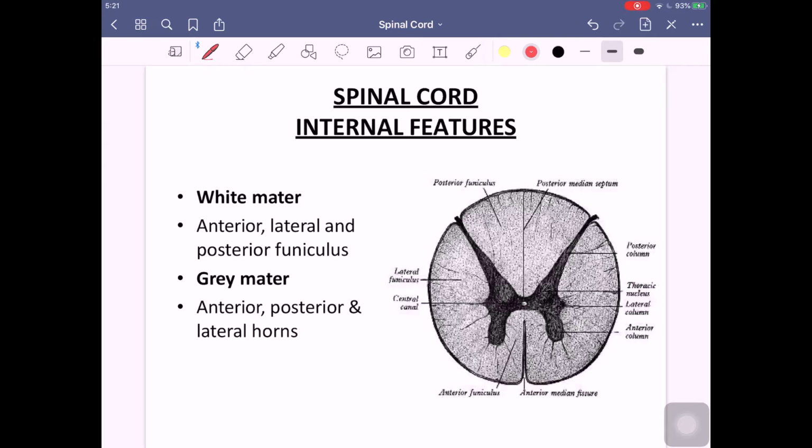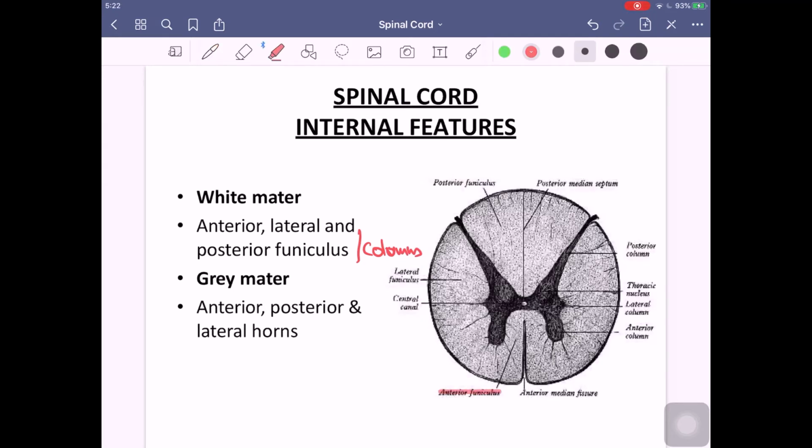Now, to study the internal features of the spinal cord, we have to study both the centrally located butterfly-shaped gray matter and the peripherally distributed white matter. Because of the presence of the centrally located gray matter, the gray matter and white matter are further divided. The white matter is divided into funiculi, or columns. So they are like columns.